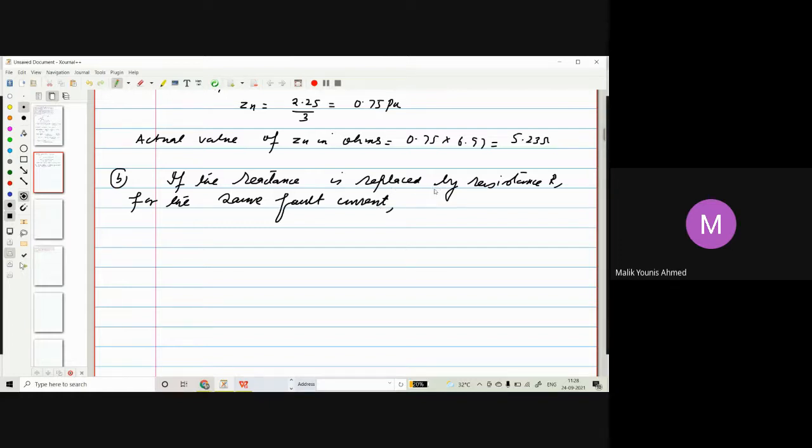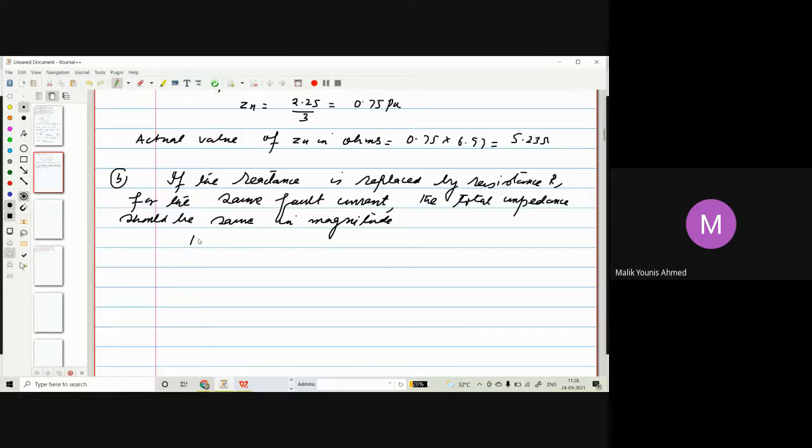For the same fault current, the total impedance should be same in magnitude. Impedance should not change. Magnitude should not change. Total impedance will be the same.